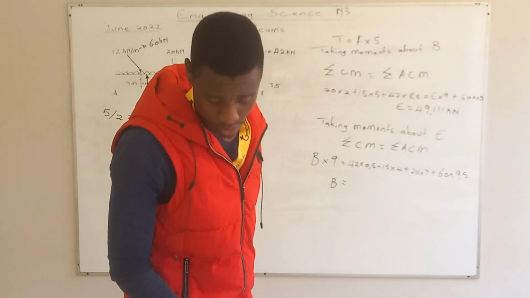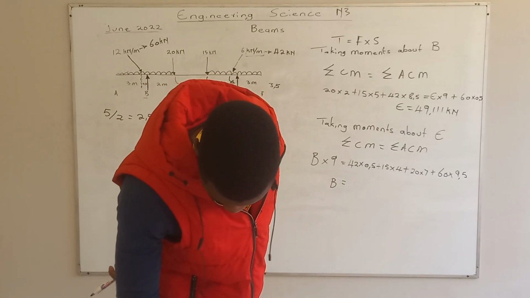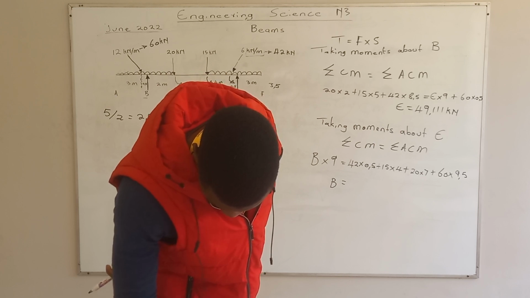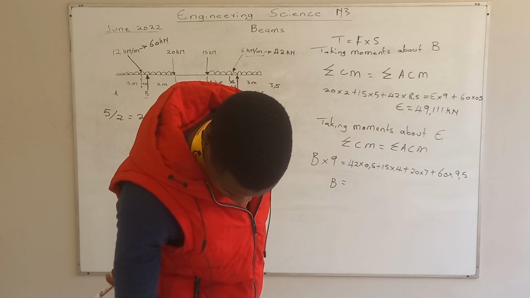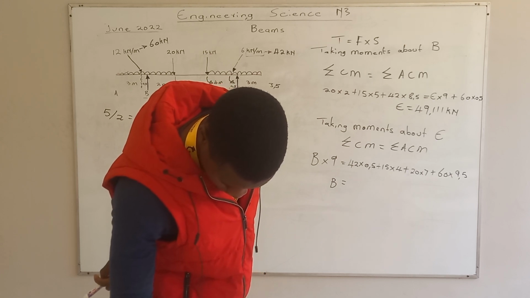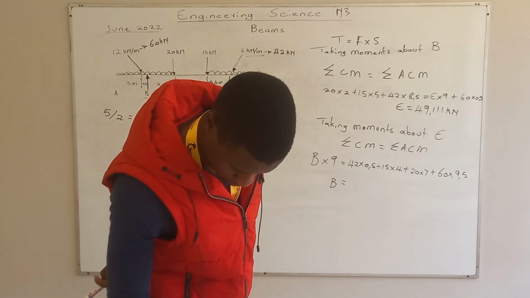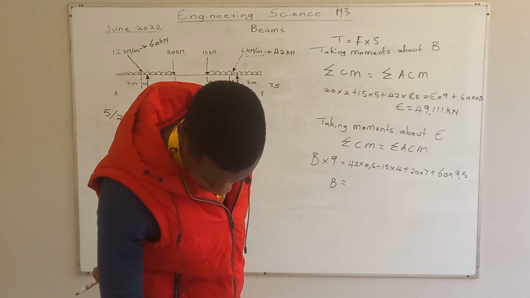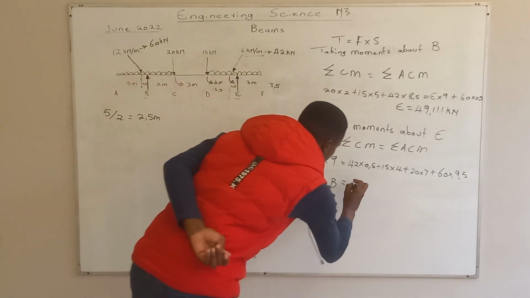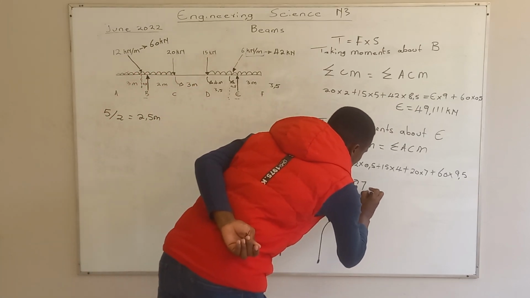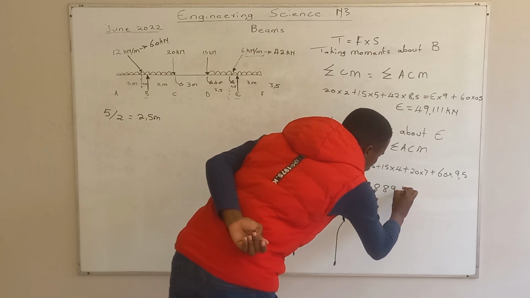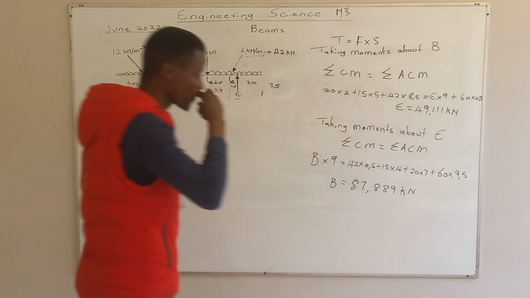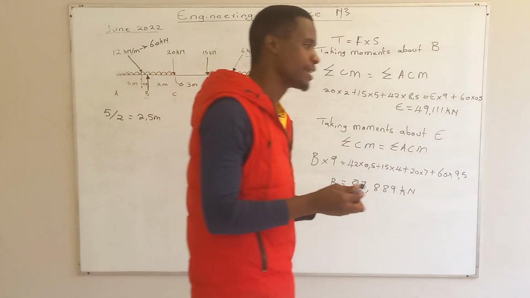Let me see the calculator. Divided by 9. Then the answer is 87.889 kilonewtons.